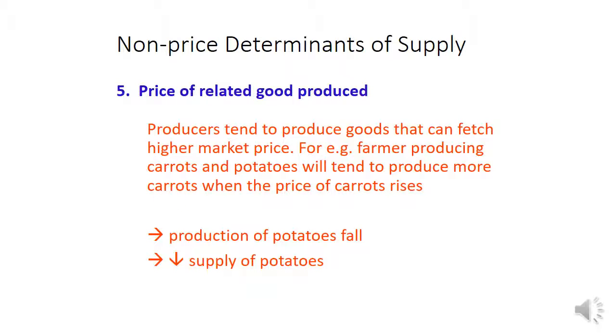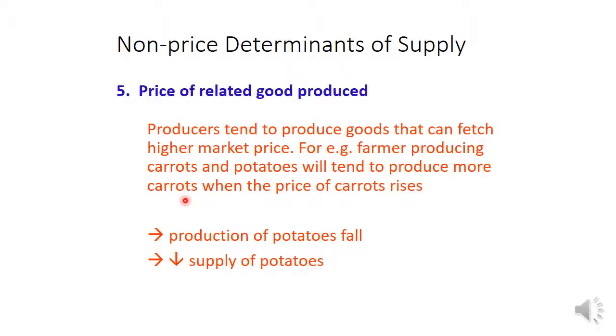Now remember, when we talk about the behavior of sellers, they like to sell things that can fetch a higher price in the market. So to the farmer, when carrots fetch a higher price, they will prefer to produce more carrots than potatoes. So for potatoes, the price of the potatoes in the market did not change, but the supply will fall, because the production of potatoes will fall when the price of a related good being produced has gone up.